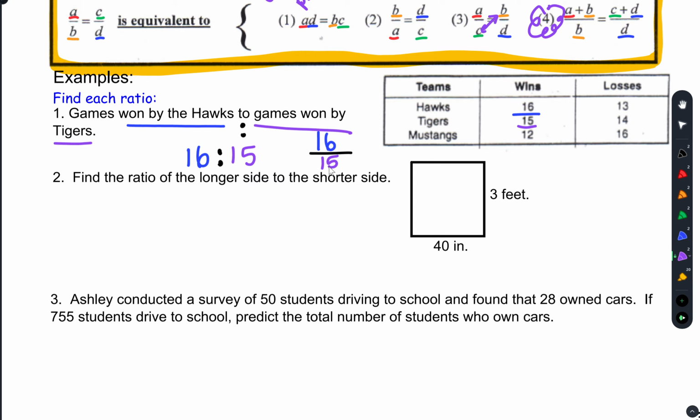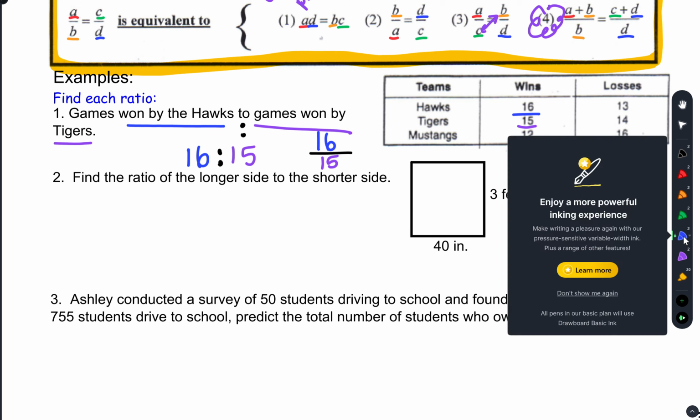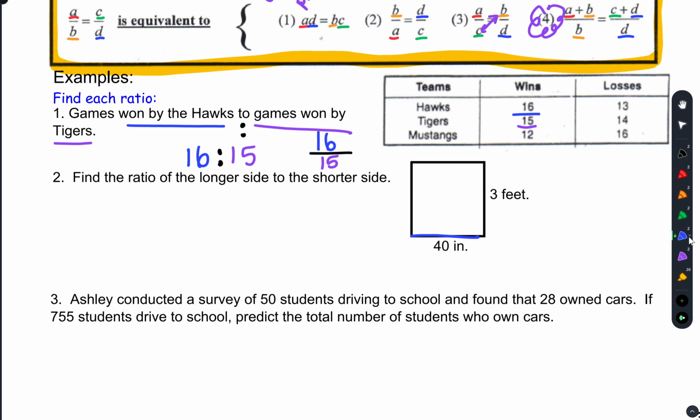In number 2, it says find the ratio of the longer side to the shorter side. We got to do a little bit of extra work here. First of all, the longer side is going to be this 40 inches. 40 is a little bit larger than 3 feet. We have to get common units in order to write our ratios.